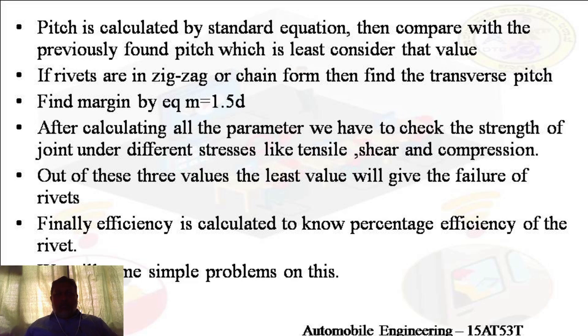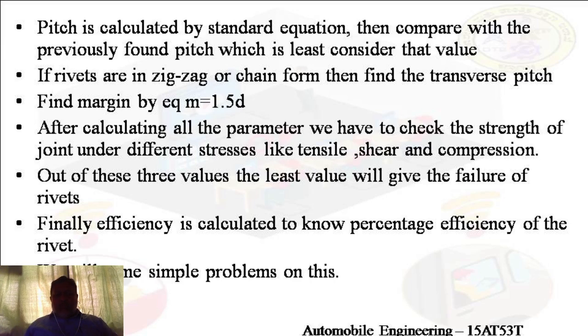Once we get the feasibility, we further go for calculating the efficiency of the joint, whether it is efficient or inefficient to be utilized on this dimension. By these parameters we come to know that the riveted joint we want to make should be within a feasible limit. So let us do a few problems on this topic so that we can clearly understand what is behind the problem.